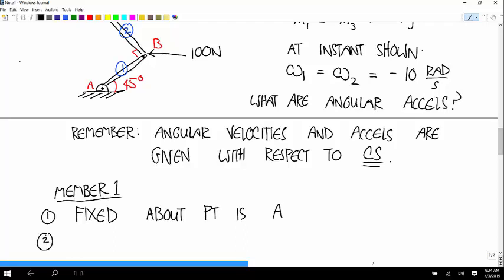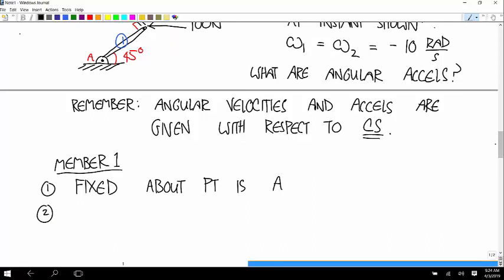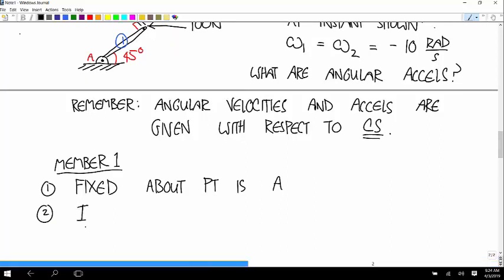And so step 2, we can calculate the mass moment of inertia. So I sub A is equal to 1/12 times 5 kilograms times the length squared. But that's the mass moment of inertia about the center of mass. So now we need the parallel axis theorem. So that's plus 5. And then what's the distance? 0.5.